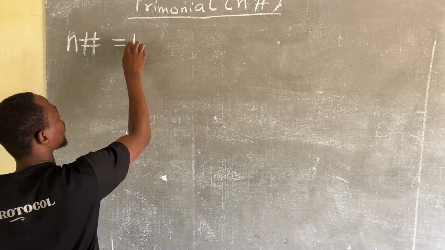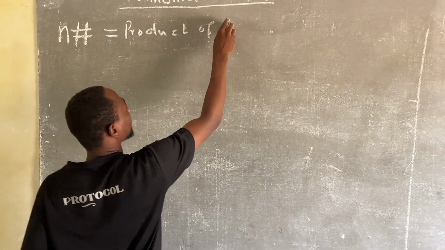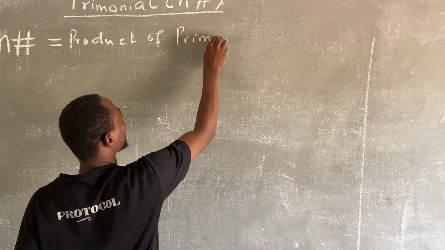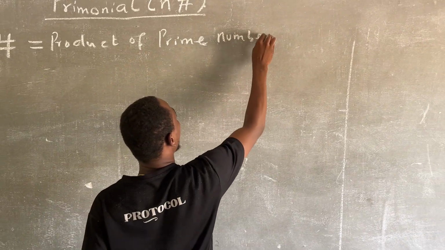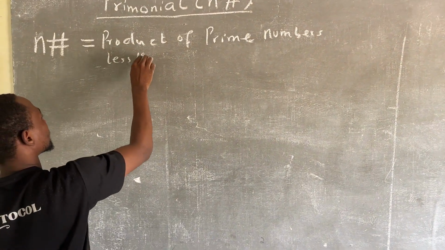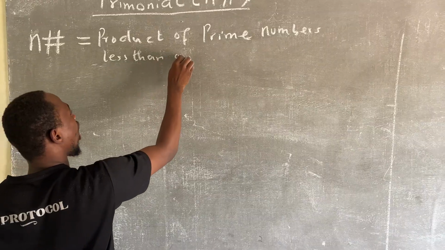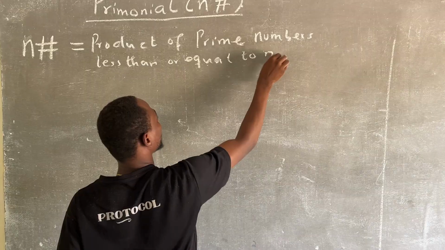So we have primorial of n, which is given as the product of prime numbers, not any numbers at all, but prime numbers, less than or equal to n.